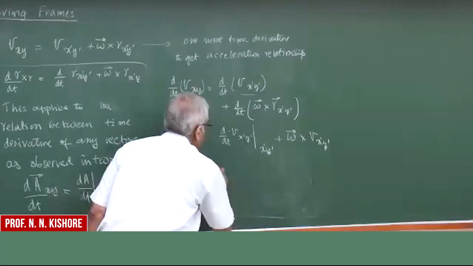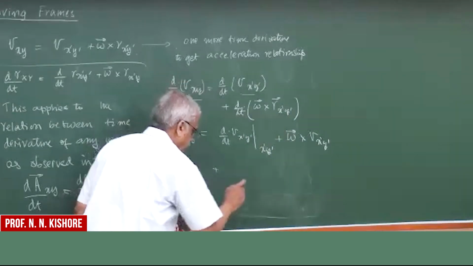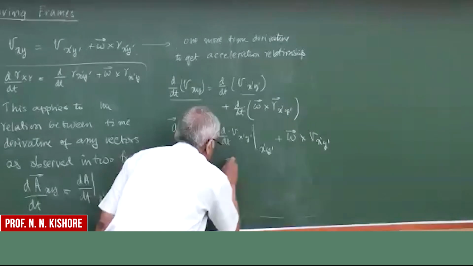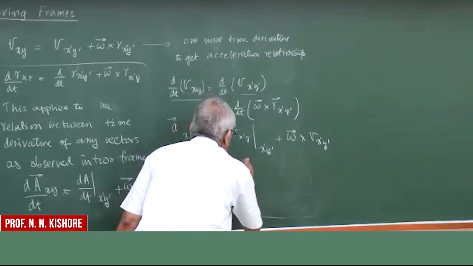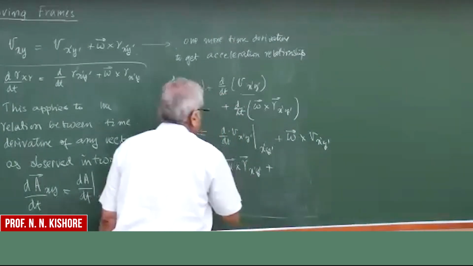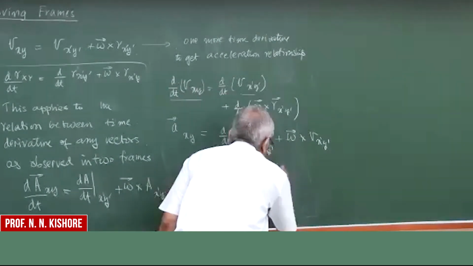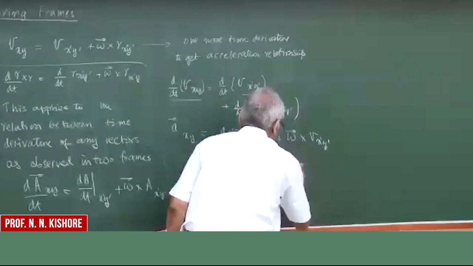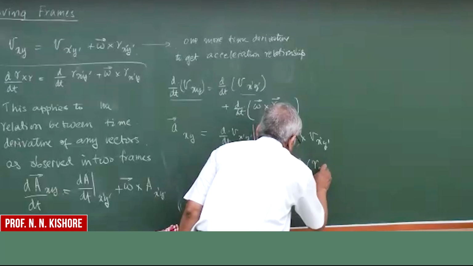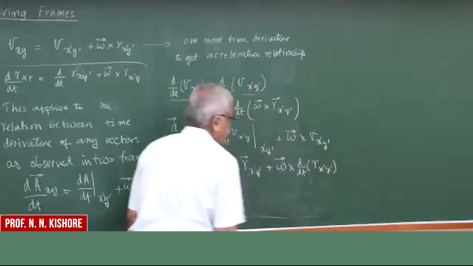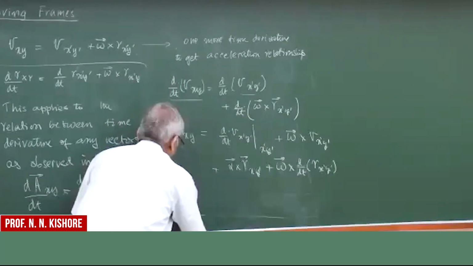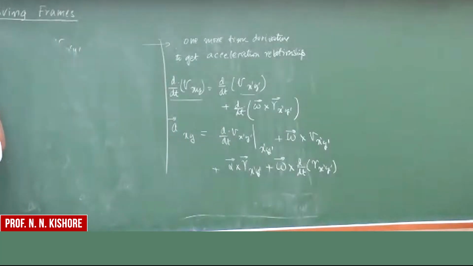And the second part has two terms. One is d omega by dt, which we will write as alpha. And then omega cross d dt of, okay. And then we'll continue this one.